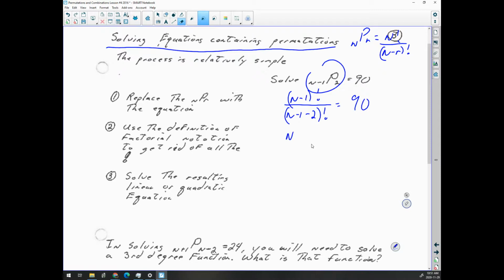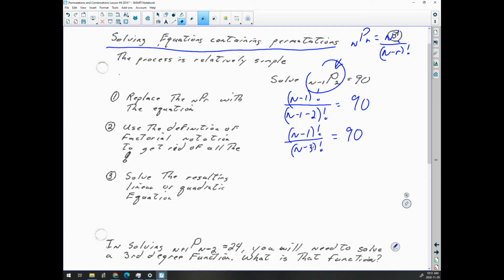So now I've got n minus 1 factorial over n minus 3 factorial is equal to 90. Well, we've turned it into where we've got factorials. It's ugly, but we still have some uglies. Well, we have a factorial over a factorial.